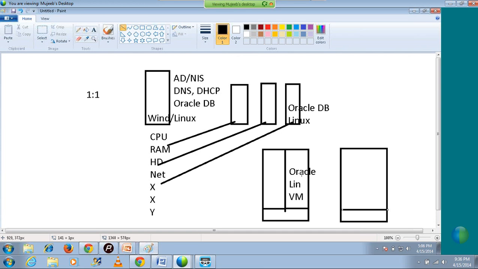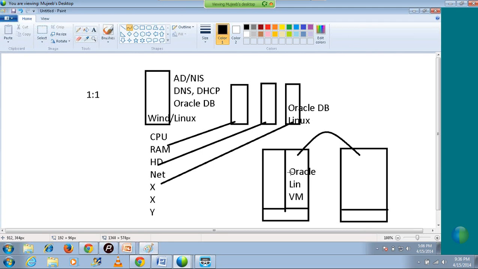Now, at 6:30 p.m., you as a VMware administrator start migrating a running virtual machine from one server to another server. That means you are migrating a running virtual machine from one physical server to another physical server. And slowly, the running virtual machine gets migrated without affecting your operations.